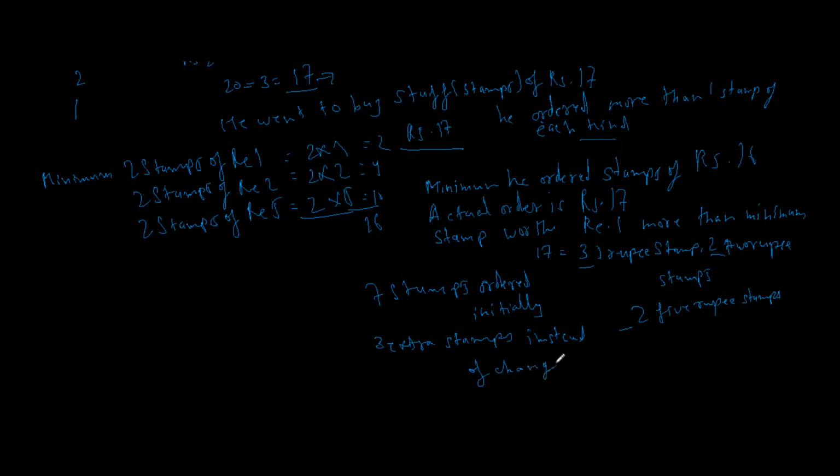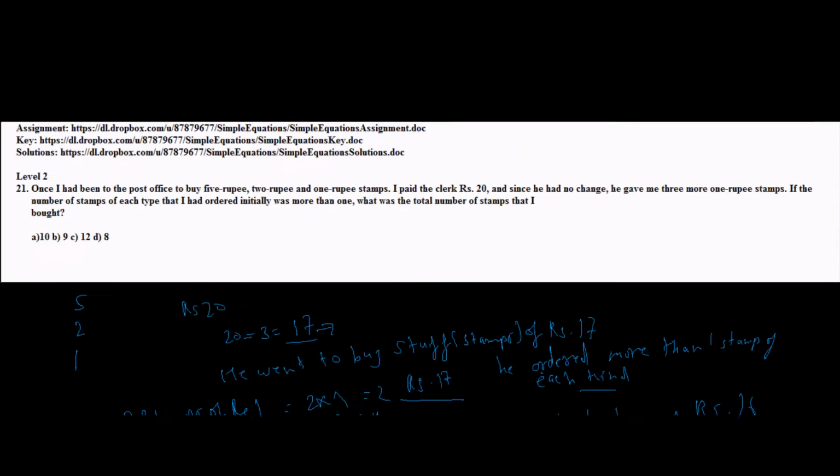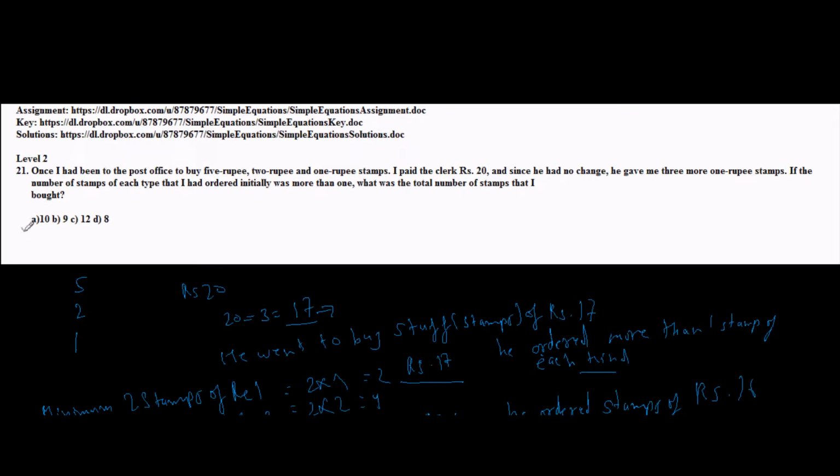So that is 7 plus 3, 10 stamps in all were bought by him. So I will choose option A and move on.